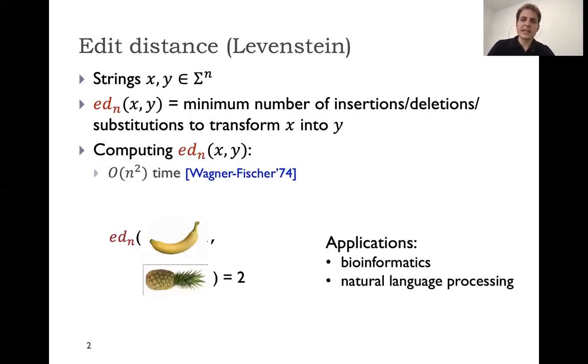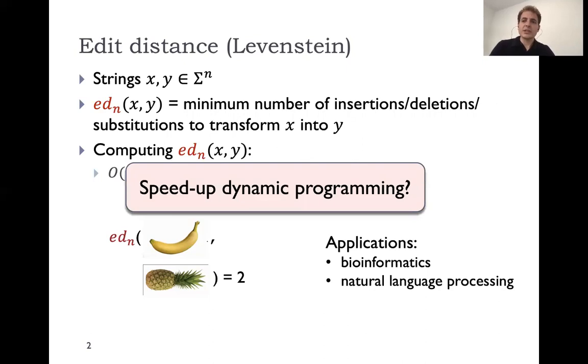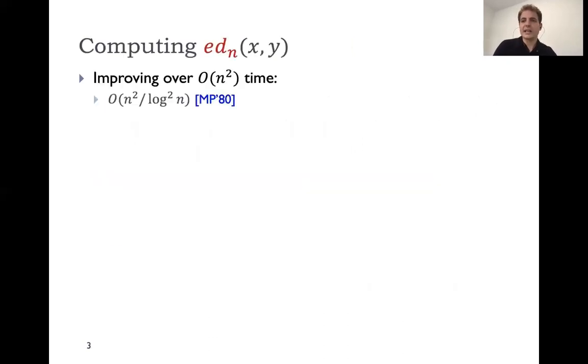Computing the edit distance is a classical dynamic programming problem. It's taught even in undergraduate classes, and it's known to have a quadratic time solution through dynamic programming by Wagner and Fisher. So the question is, what can be done to improve the quadratic time? There is a long line of work that was trying to do that. The first improvement was polylogarithmic, 6 years later.